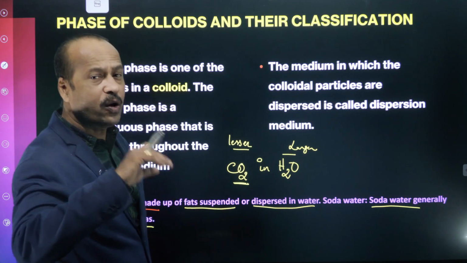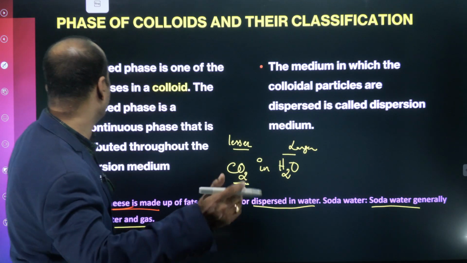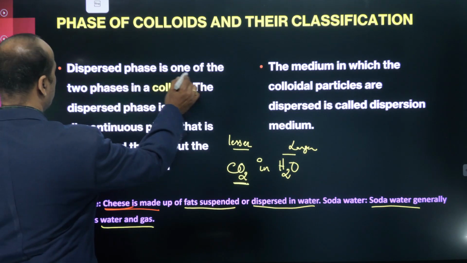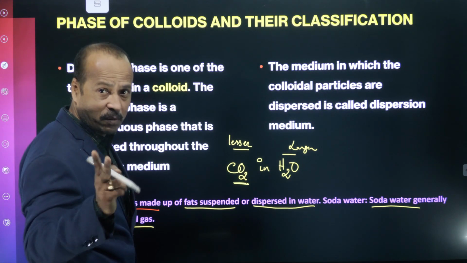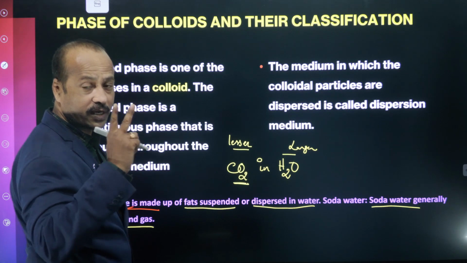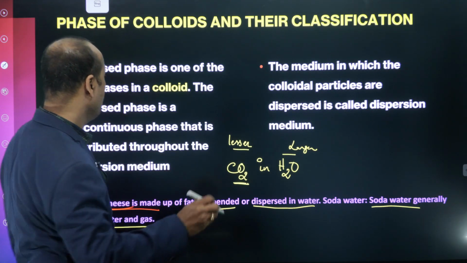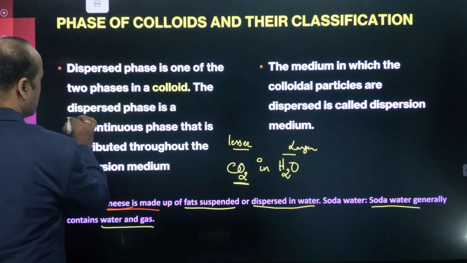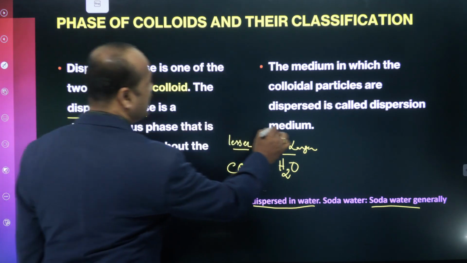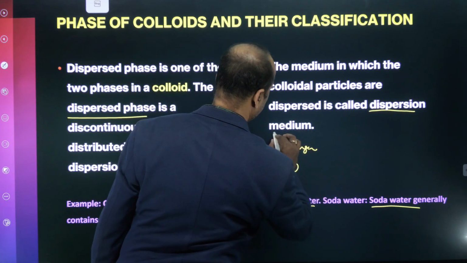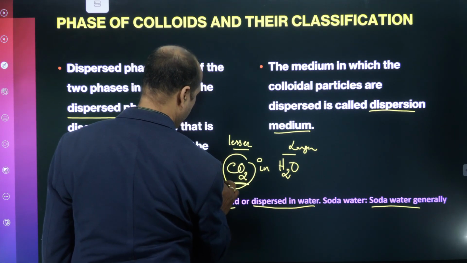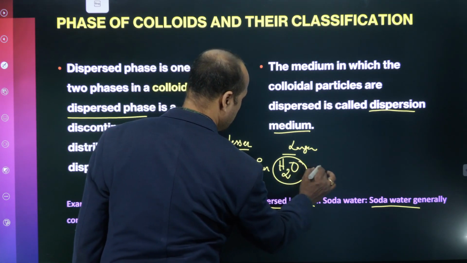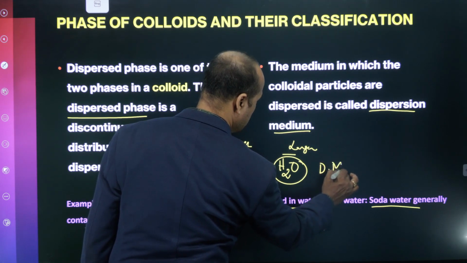Clear? Okay. Now, how can we define this? See, the dispersed phase is one of the two phases of a colloid. Colloid consists of two phases, that is, two components. Here we are calling the two components two phases: the dispersed phase, DP, and the dispersion medium, DM.